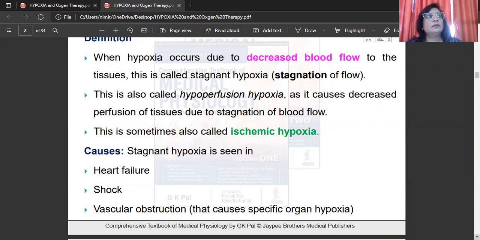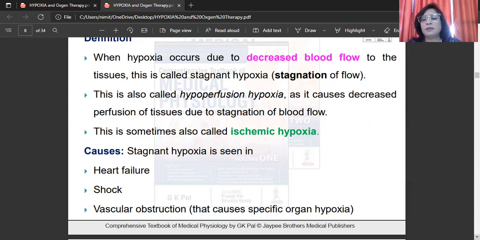What are the causes? Heart failure, shock, vascular obstruction that causes specific organ hypoxia.